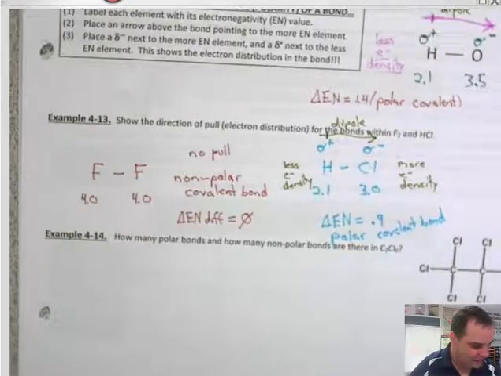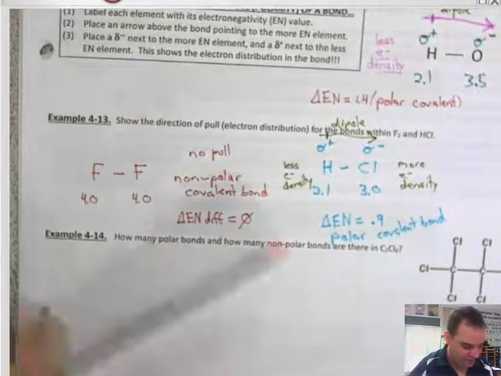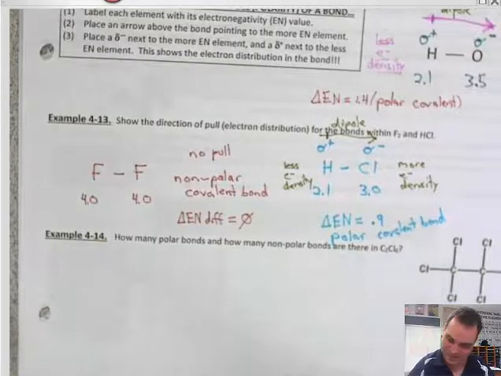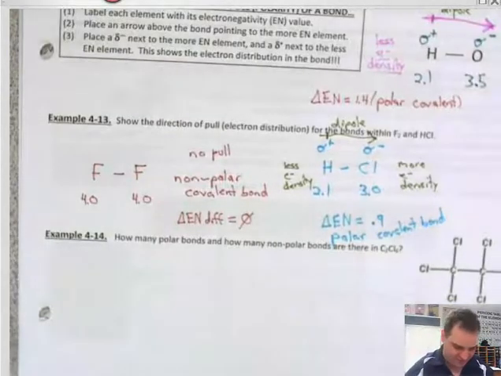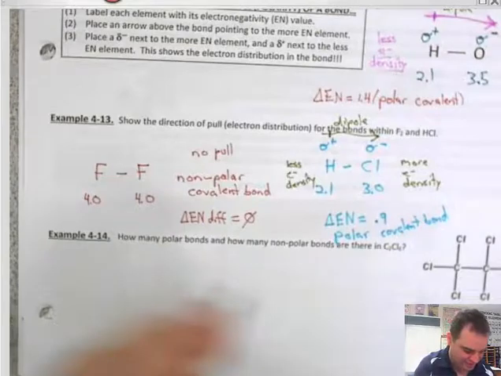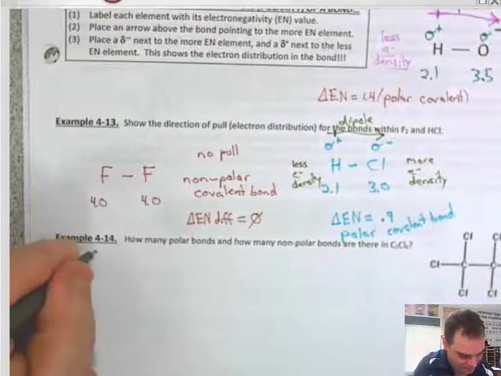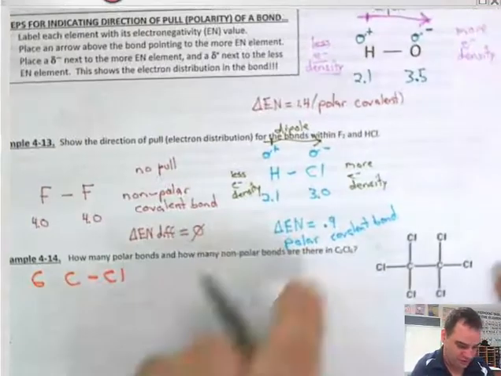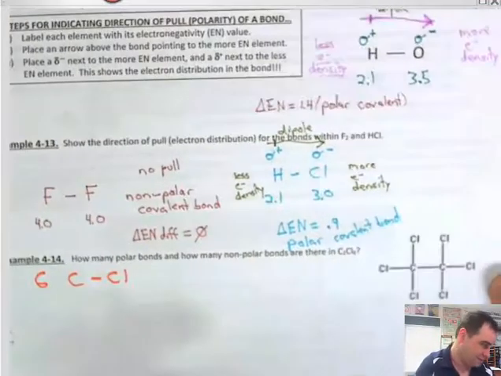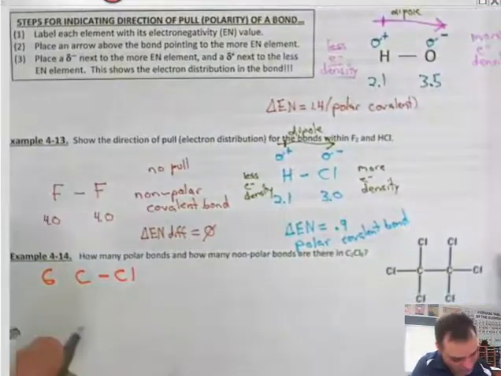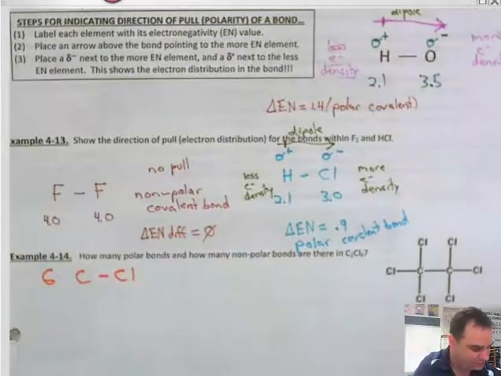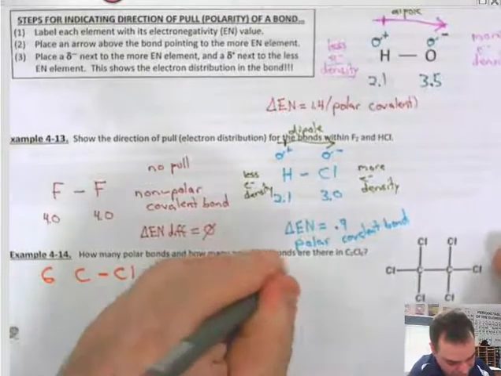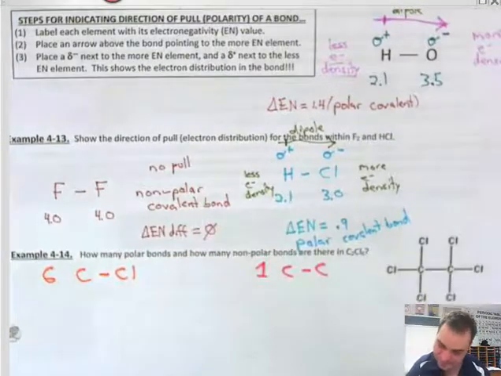Okay. Final one here. How many polar bonds and how many non-polar bonds are in C2Cl6? First of all, we have to count the bonds. There are 6 C to Cl bonds: 1, 2, 3, 4, 5, 6. There is one C to C bond here.